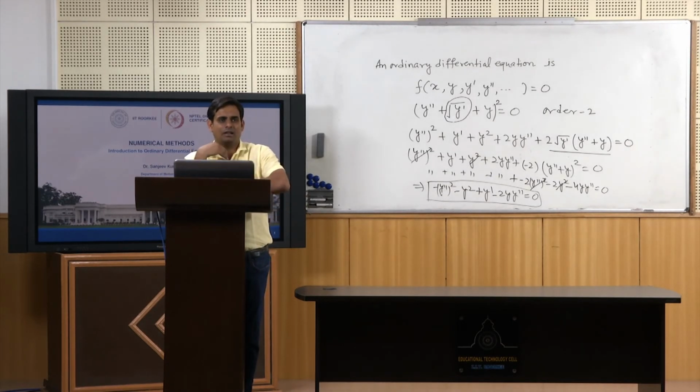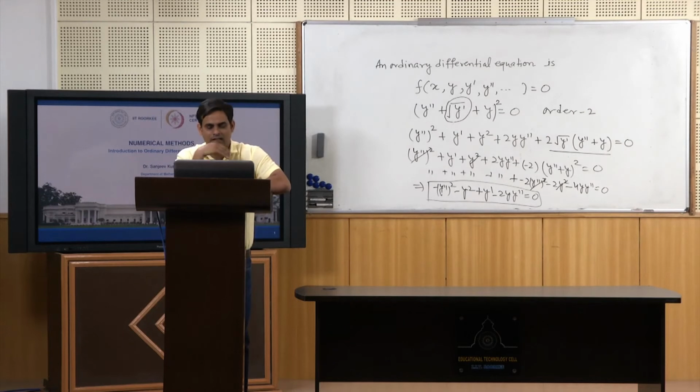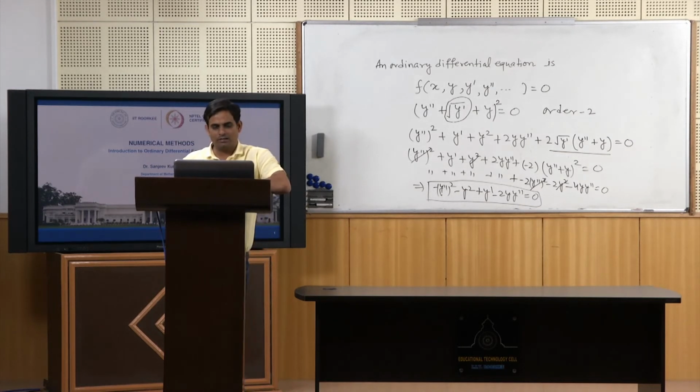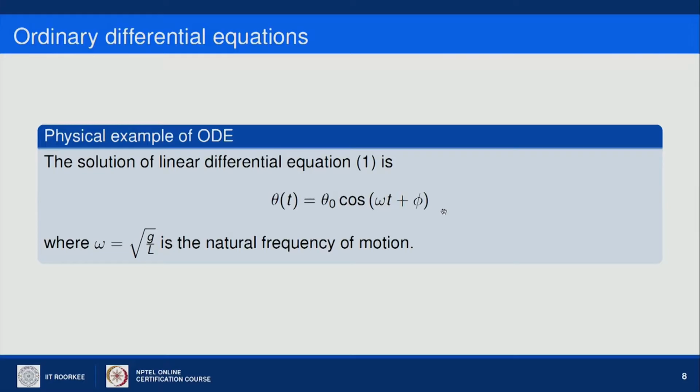Now, whenever we solve a differential equation analytically, like I have taken two examples, one is the population model, where the solution is coming N(t) equals N naught e raised to the power rho t, while in the other example, from the motion of a simple pendulum, the solution was coming theta equals theta naught cos(omega t plus phi).